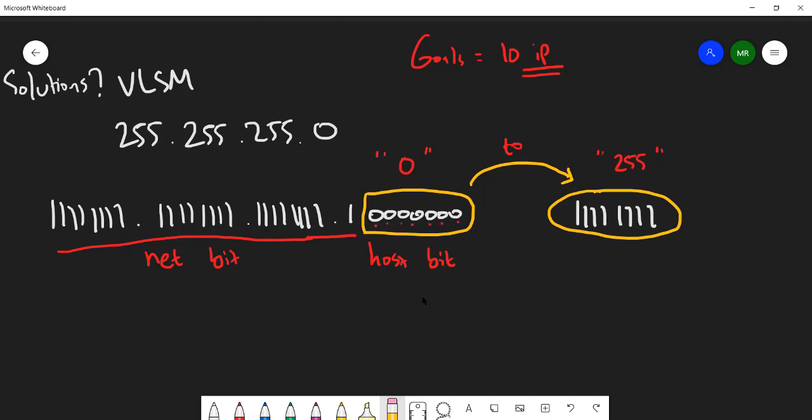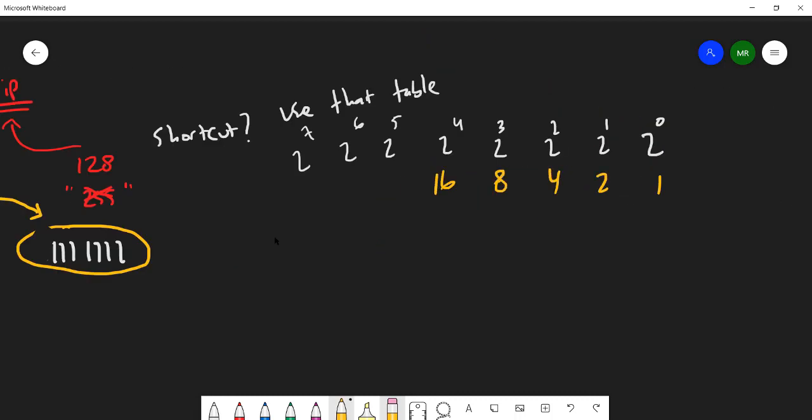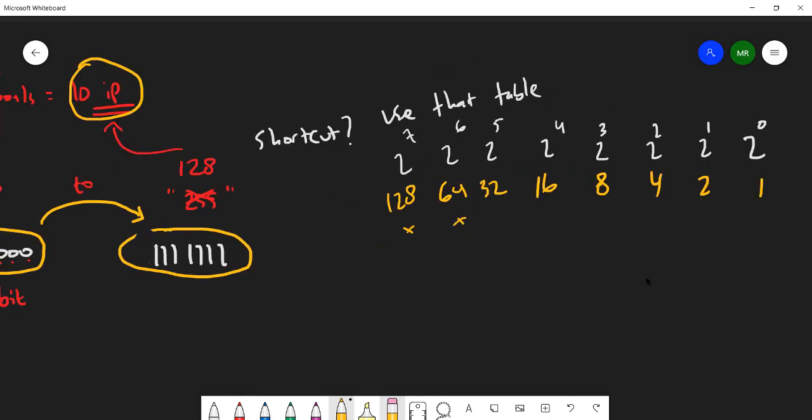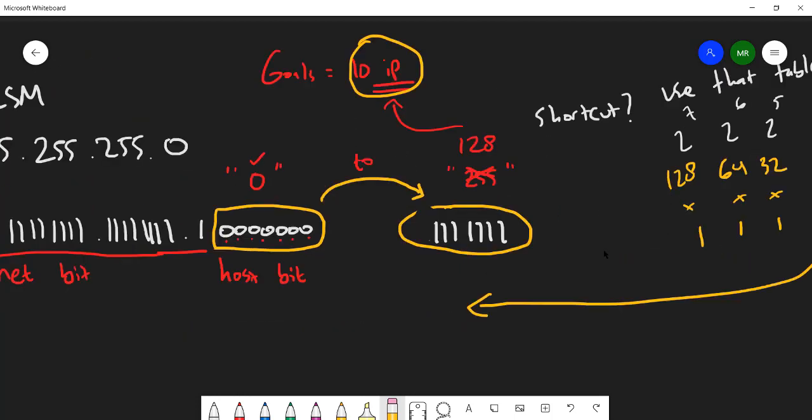Let's see if we expand the network ID by 1 bit. Now we have only 7 zeros left, and if we switch all 7 zeros to 1, the result is 128 for maximum range. This is still too much. Let's take a shortcut to explain this. Draw that previous power table. We have 10, and the closest one to number 10 without going under is 16. Now everything above is filled with 1 and the rest is 0.